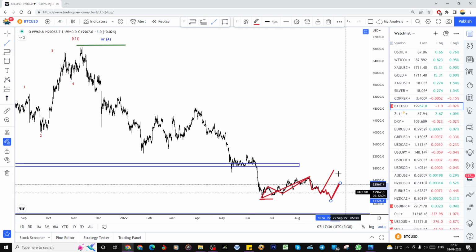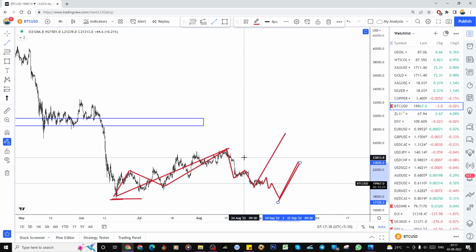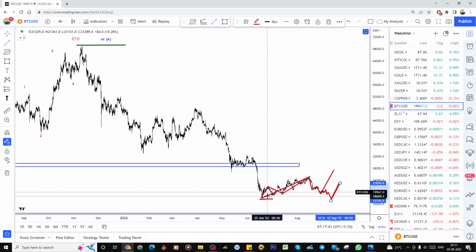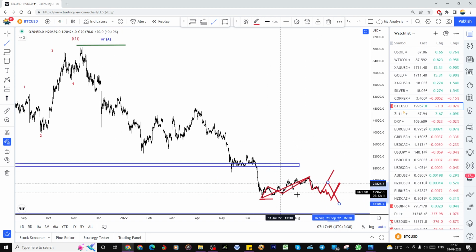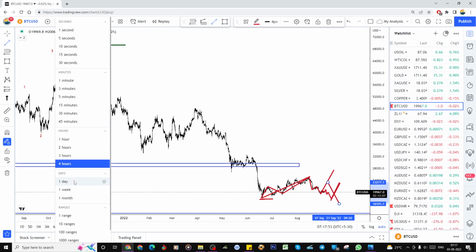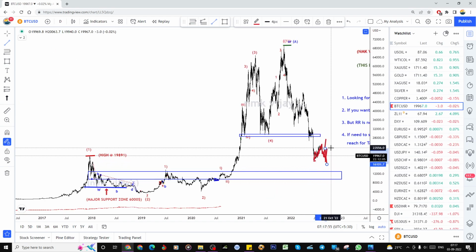So somewhat we are in the bigger corrections here in this also. So in case this is the connecting wave, this is the A, this is the B, and looking for the downtrend. But expecting this, we are not on the buy side, and I'm not trading this one, just for example. I'm expecting this one, 12,000 to 10,000 is my target for the year.